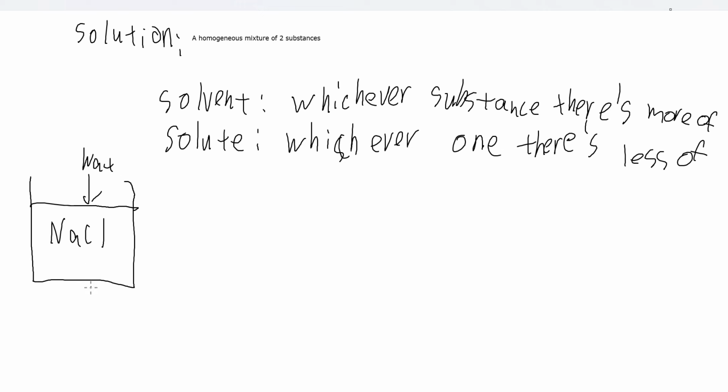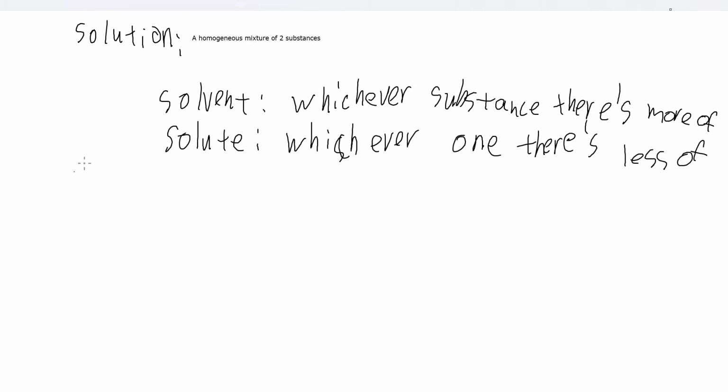Now, a mixture, on the other hand, is a more general term, right? A mixture is basically two substances in the same container. And these actually have two types, right?